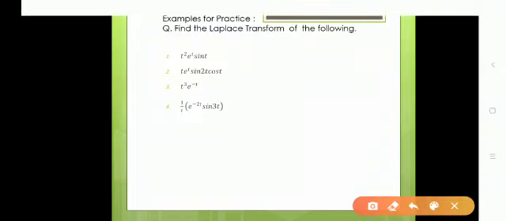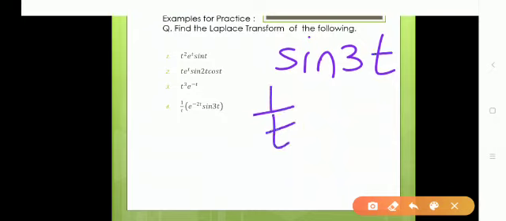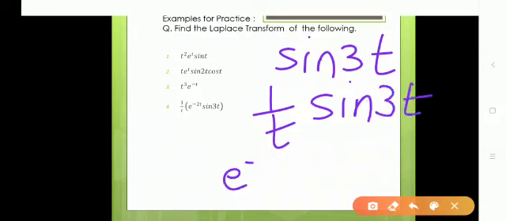Here again the same case, even if it is multiplied by 1 by t, or we can say it is divided by t, the same procedure you have to apply. First find the Laplace of sin 3t, then 1 upon t sin 3t, that is by the division by t property, and then go for the first shifting property.